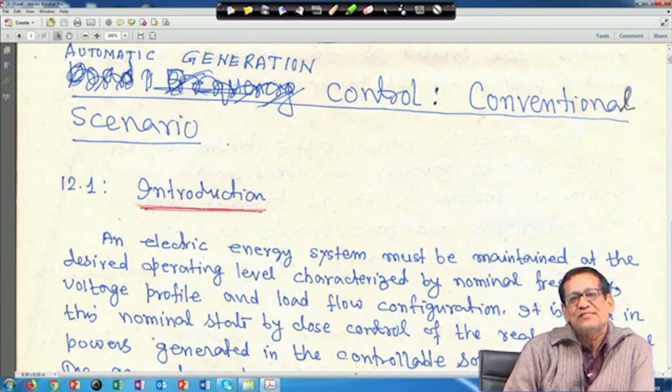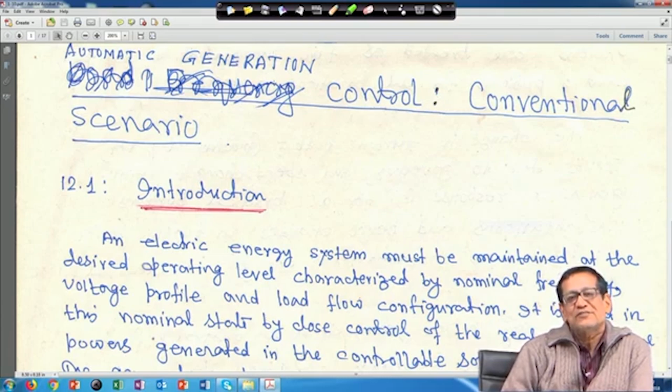Similarly, a small change in reactive power affects the bus voltage magnitude, but leaves the system frequency unaffected, and hence the voltage angles are almost unaffected. That is why real power frequency control and reactive power voltage control are treated separately, that is, they are decoupled, right.